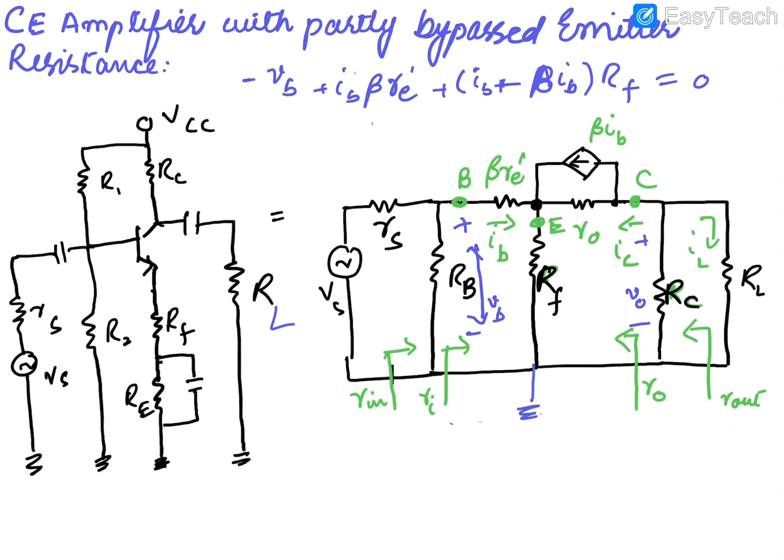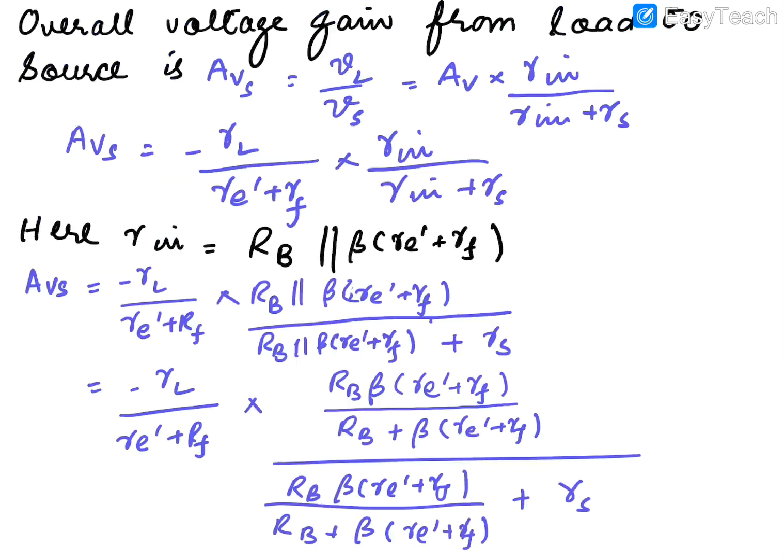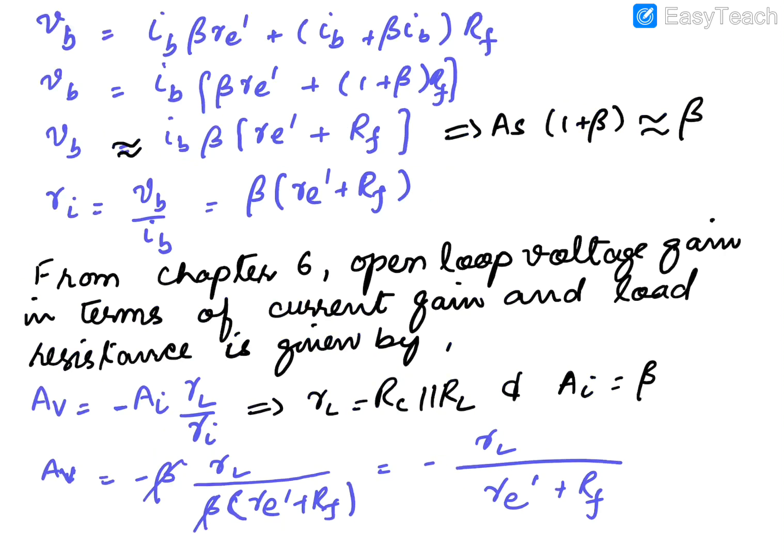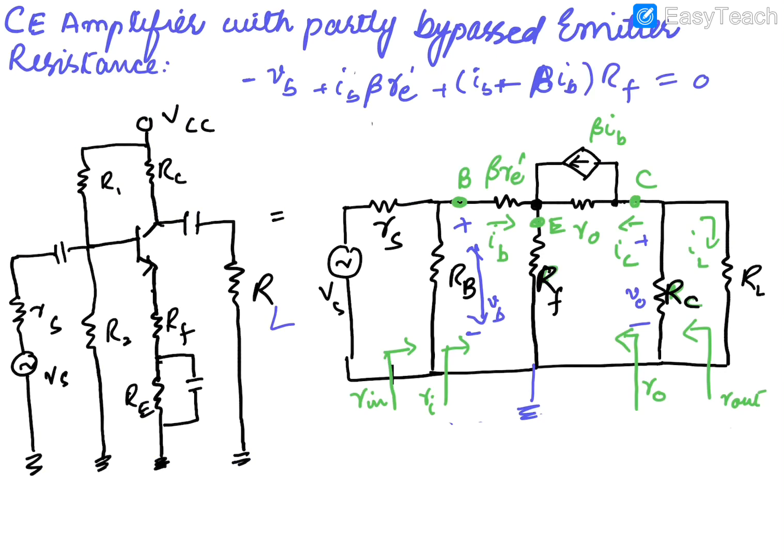From this we can find the overall voltage gain, the input resistance, and the output resistance. So here is the input loop equation. For this loop, the voltage from base to ground is VB. So for this loop we will write minus VB plus IB into beta RE dash plus RF. RF has two currents flowing across it, that is IB and beta times IB.